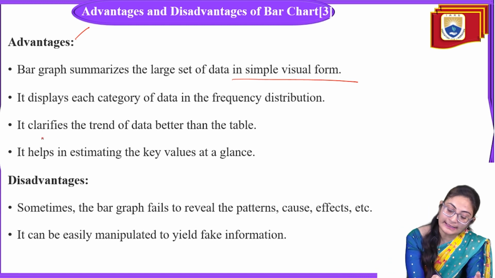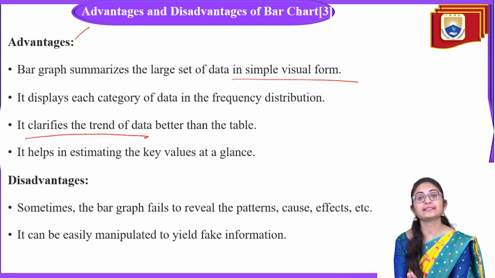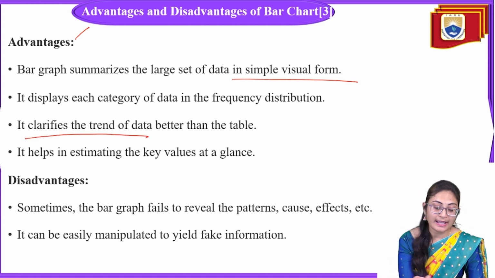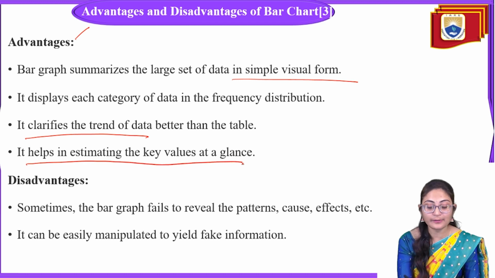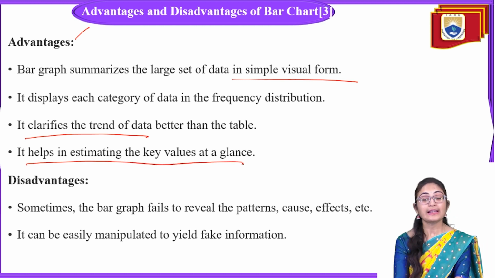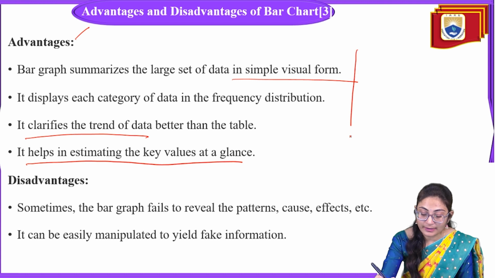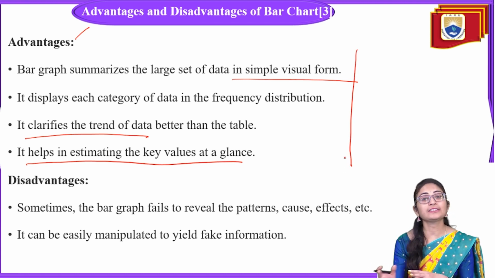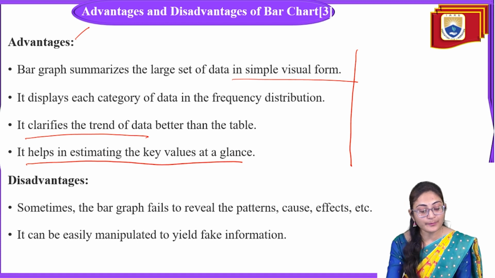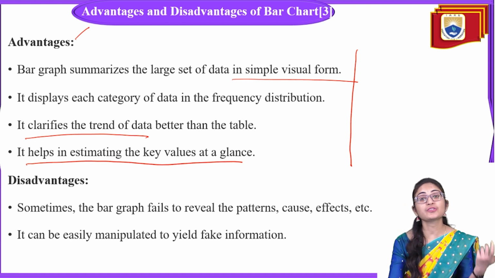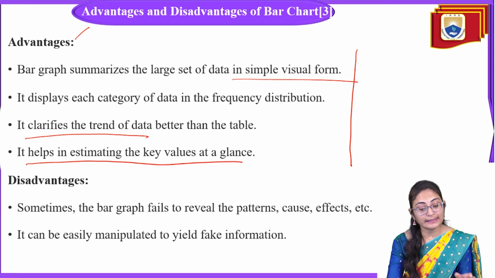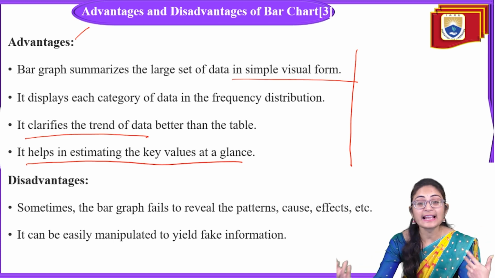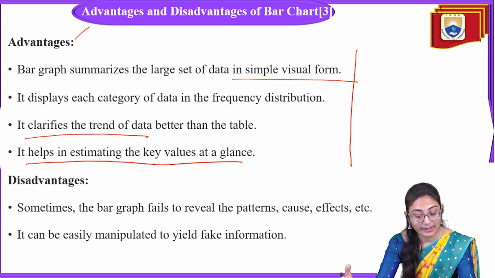Third, it clarifies the trend of the data better than the table and it helps in estimating the key values at a glance. That means these are your advantages. First advantage is that it is very easy to summarize a large set of data. Then it can display each category of the data. Then it can clarify the trend of data as compared to the table and it can estimate the key values at a glance.